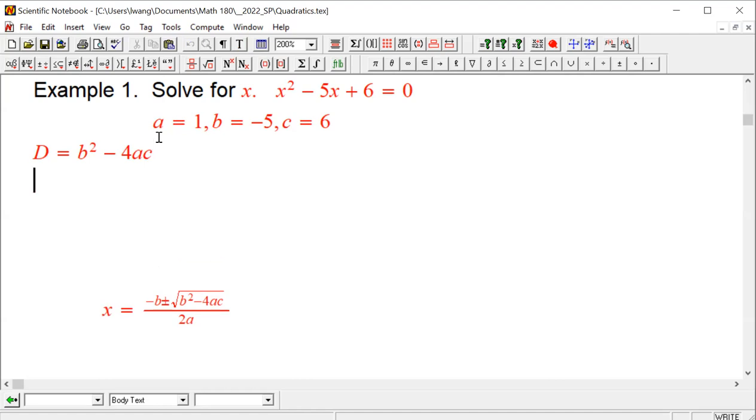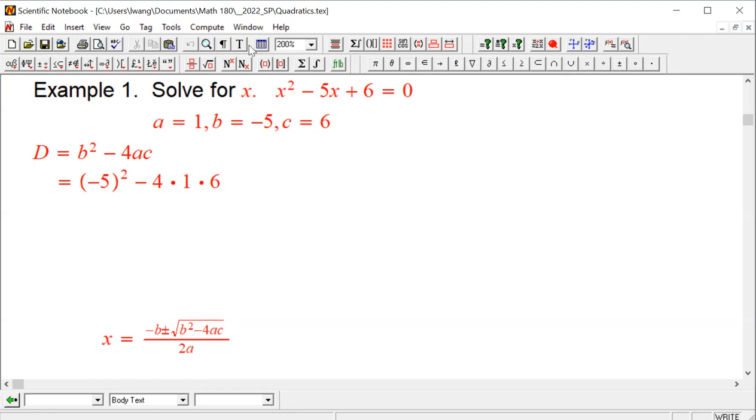So in this case, I'm going to work out my discriminant. My b is -5, so -5 squared, b squared, minus 4 times a is 1, c is 6. I'm just going about my calculation. So that equals 25 minus 24 equals 1.